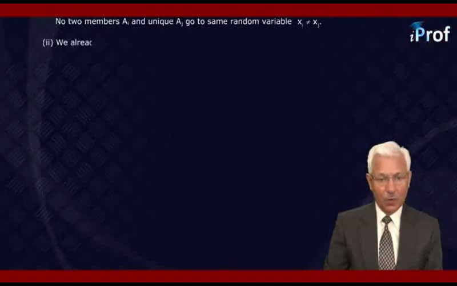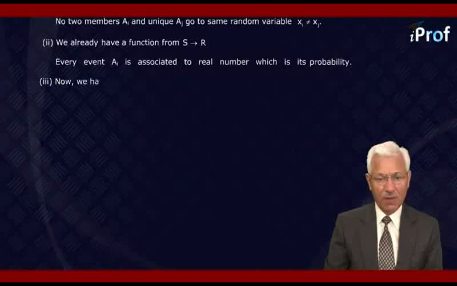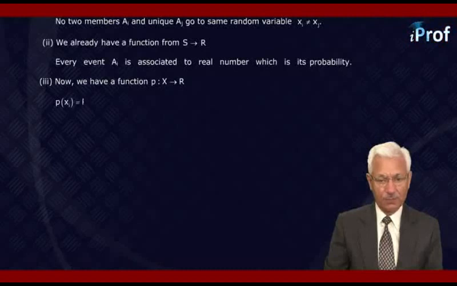Number 2, we already have a function from S to R. That is, every event Ai is associated to a real number which is its probability. Number 3, now we have a function P from X to R. That is, P(xi) is equal to the probability that x is equal to xi, which is equal to pi.